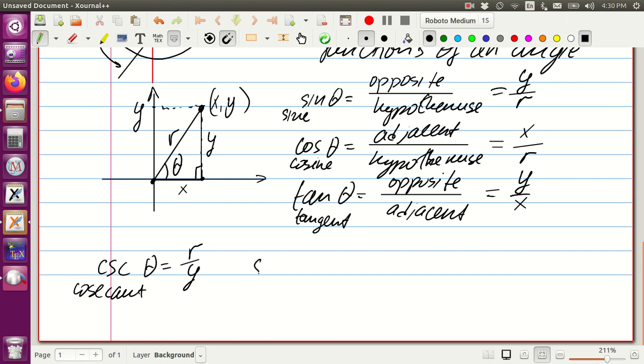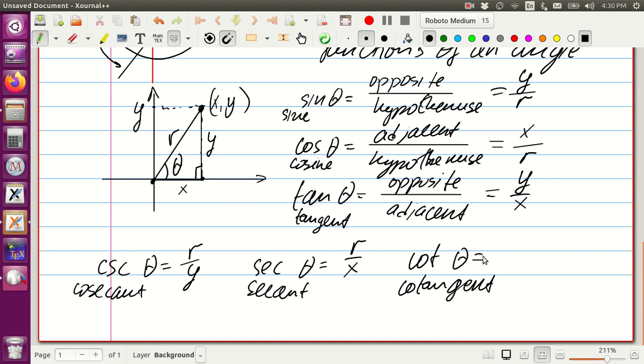We can define secant of theta as the reciprocal of cosine, so it's r over x. And we can define cotangent of theta as the reciprocal of tangent, so it's x over y.